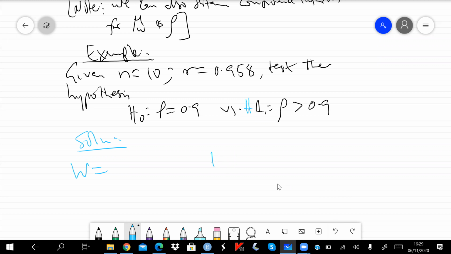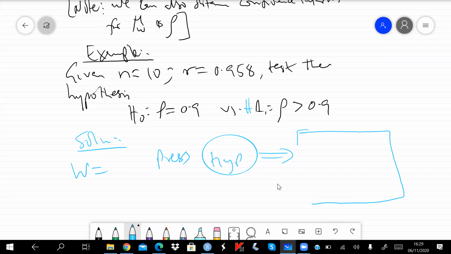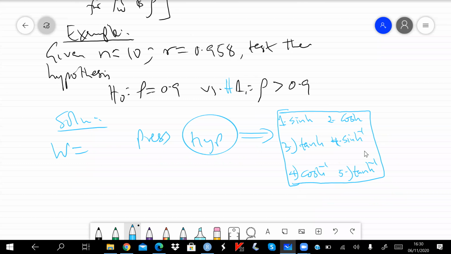Once you press this, you will see a screen containing several things. Let me list a few of the things that you will find there.